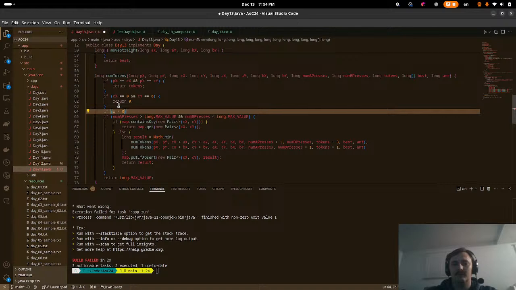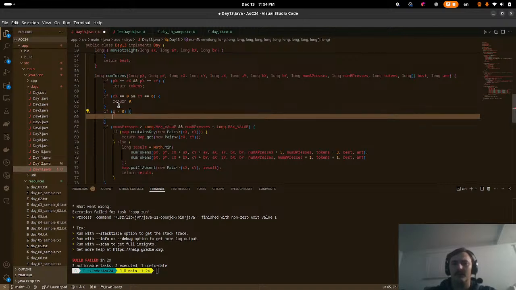If x is less than 0, I think that means you overflowed, right? CX.